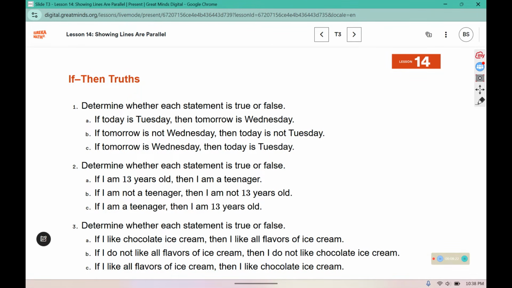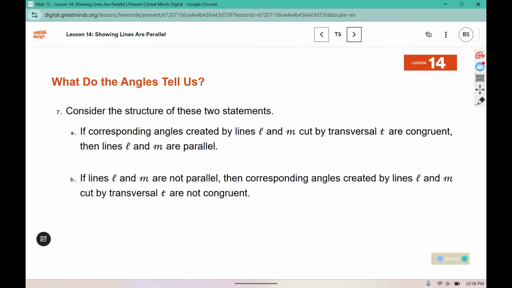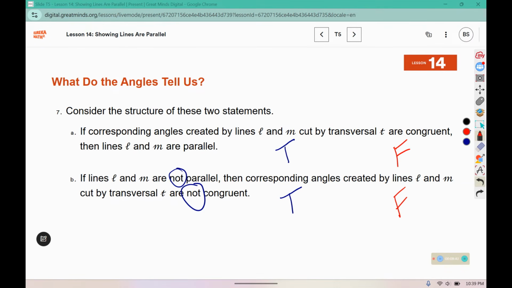So looking at these statements here, the corresponding angles are congruent, so that went to the end, and then the parallel went to the beginning, but we included the word not. So if this is true, which we don't know yet, then this one has to be true. But if this one is false, this one will also have to be false, just based on the structure of using that word not and swapping the order.